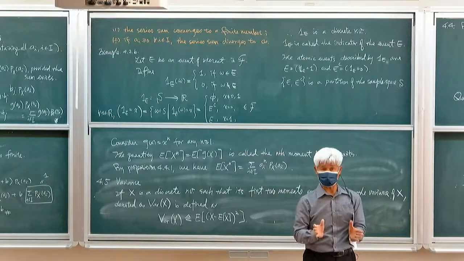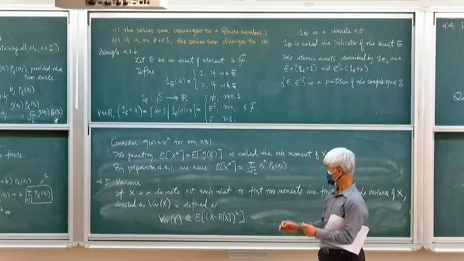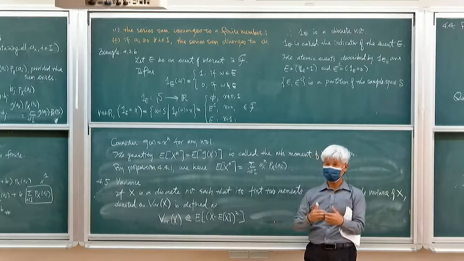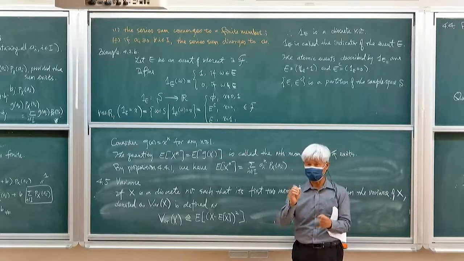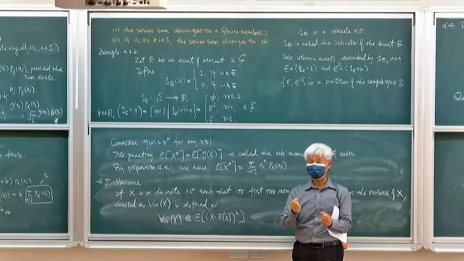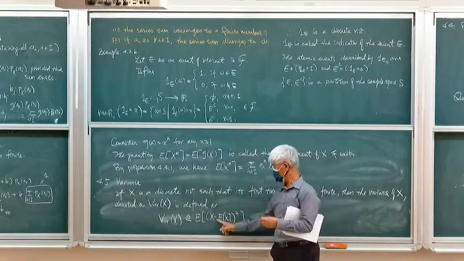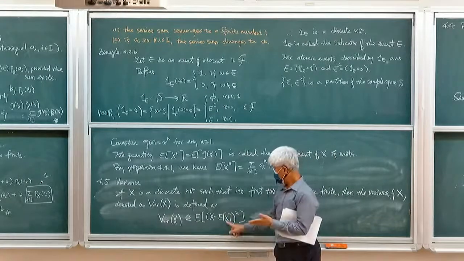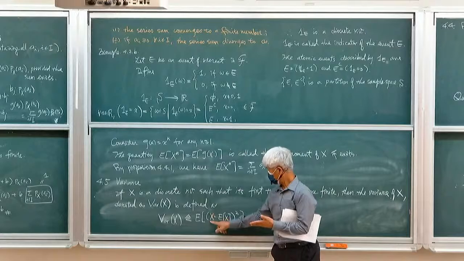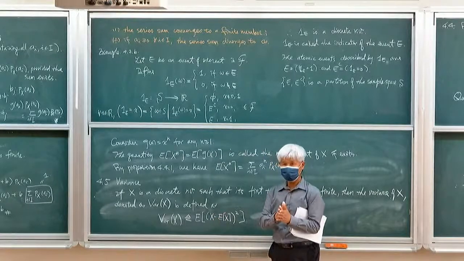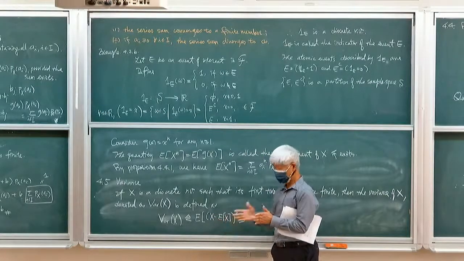That is the definition. So you can think of it as the mass center, the probability mass center of the random variable. Then the difference is the possible values from the center.